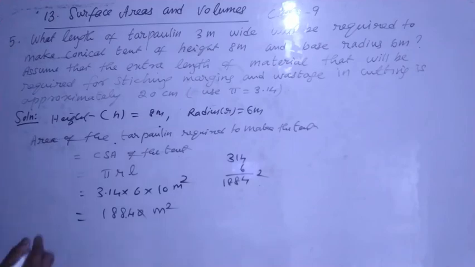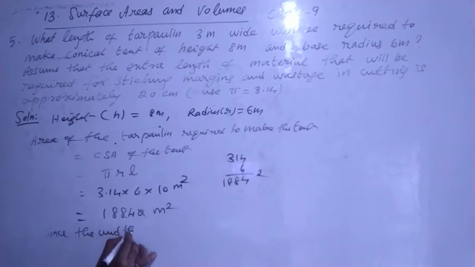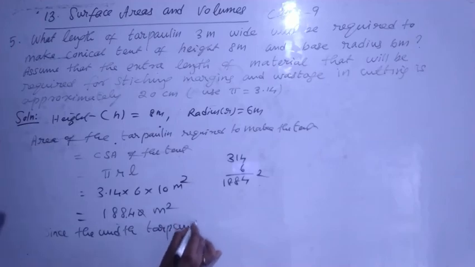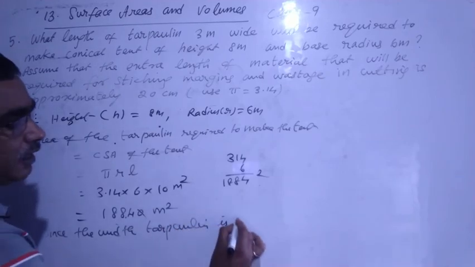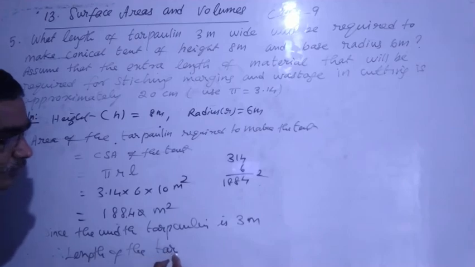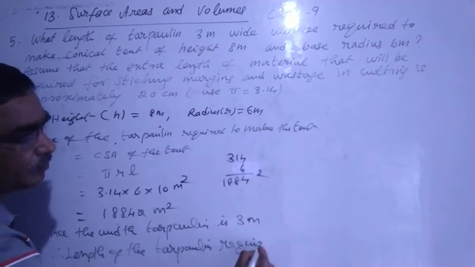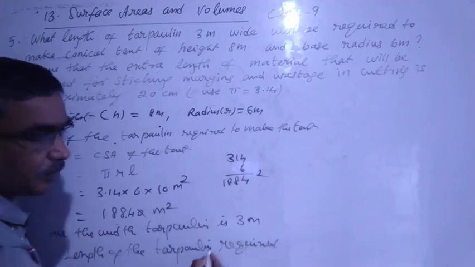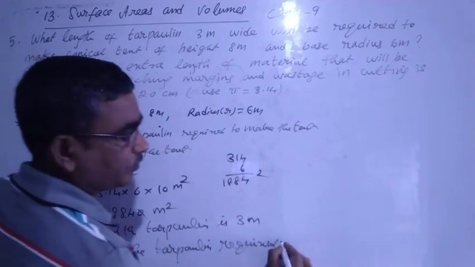Since the width of the tarpaulin is 3 meter, therefore the length of the tarpaulin required is equal to area by width.